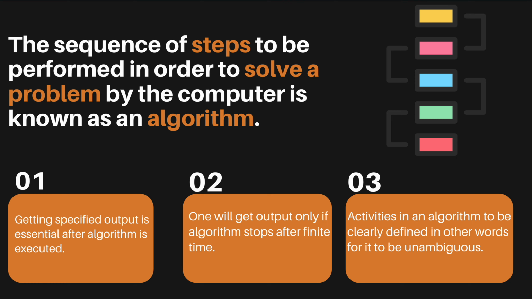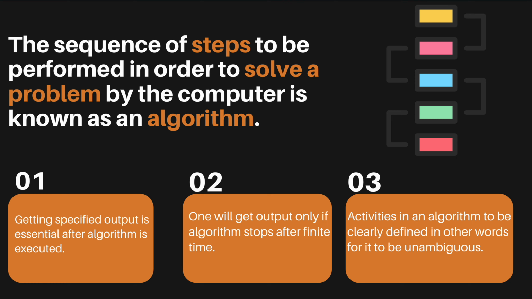We write each step. What should be the major outcome with every algorithm? Getting a specified output is essential after the algorithm is executed. If you are writing an algorithm for a problem statement, there should always be some output. Without output, there is no meaning to the algorithm, right?